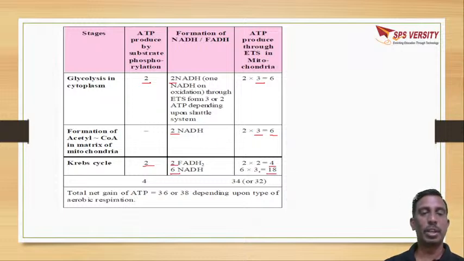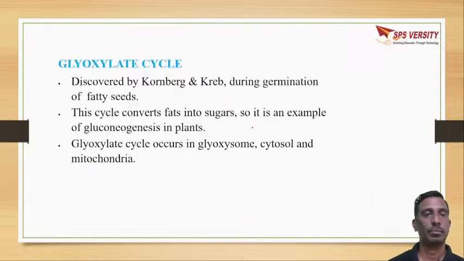If you take the total net gain of ATP, it is 38 ATP. Net gain of ATP is 38 ATP in aerobic respiration. So aerobic respiration से finally we'll get 38 ATP, which is very much higher when compared to anaerobic respiration. This is generally what happens in respiration.